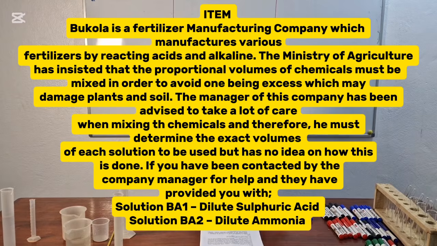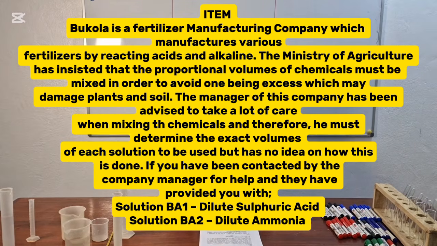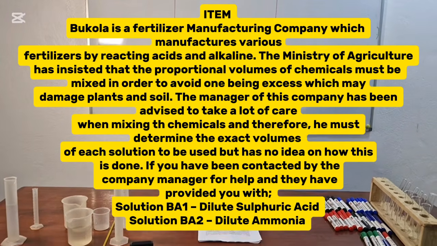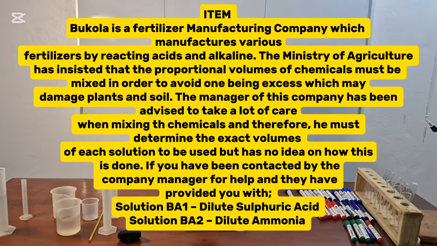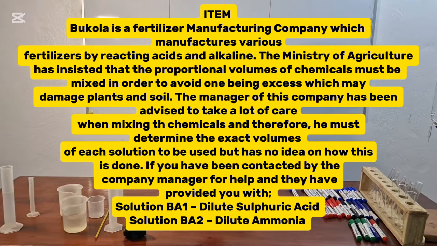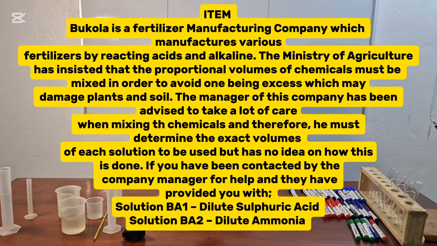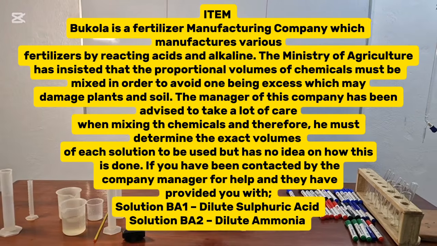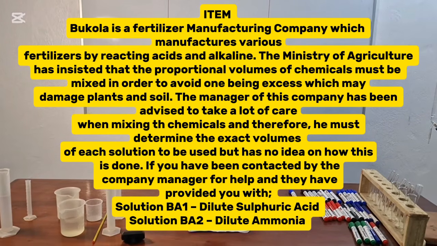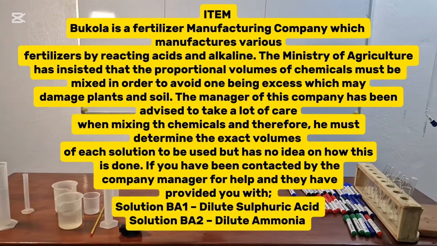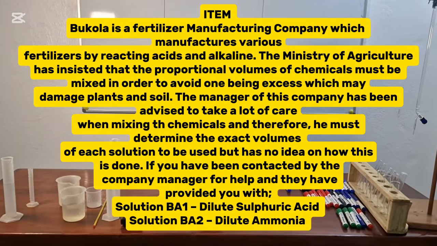So the question goes, Bukola is a fertilizer manufacturing company which manufactures various fertilizers by reacting acids and alkalis. The Ministry of Agriculture has insisted that the proportional volumes of the chemicals must be mixed in order to avoid one being in excess, which may damage plants and soil.